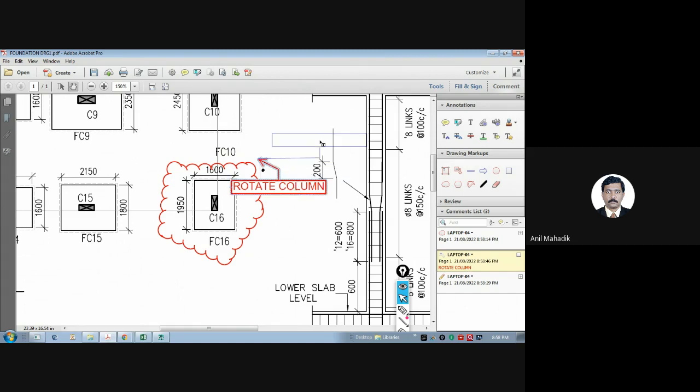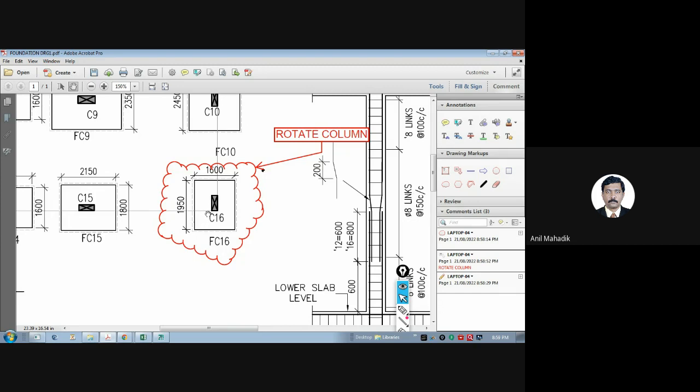I am the architect giving a comment on the structural drawing, and I will send this PDF to the structural engineer. So the structural engineer will understand that they want C16 to be rotated.